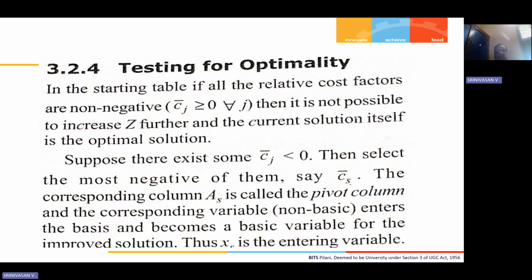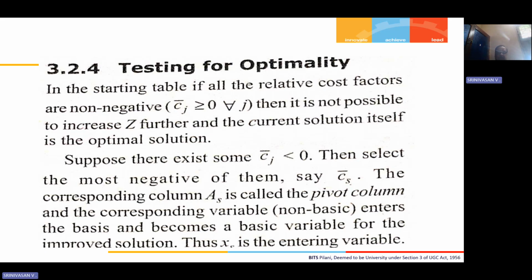Now, testing for optimality. We need to test whether the solution that we have is optimal. If not, we need to iterate. And how do you iterate? When will you get the optimal solution? Where will you stop your iteration? For that, we have a condition.